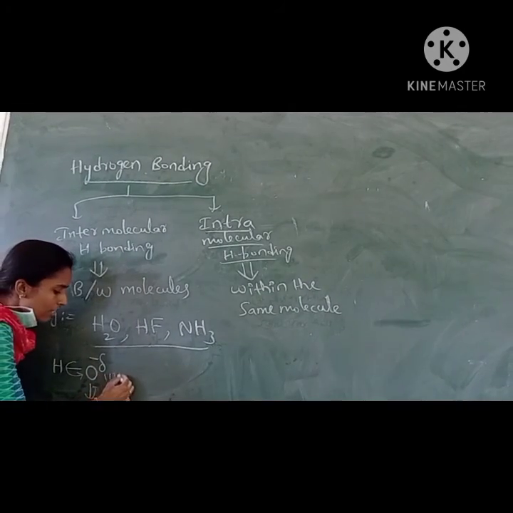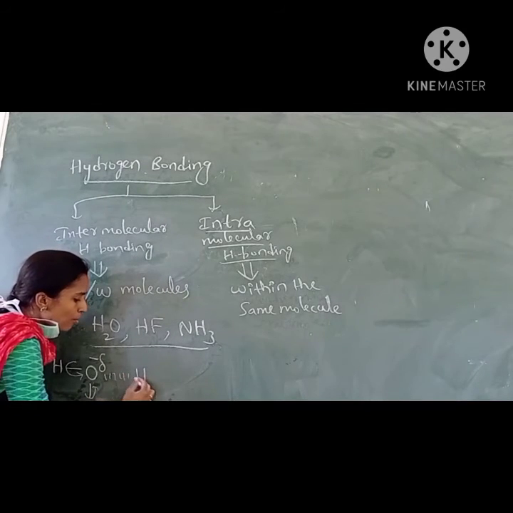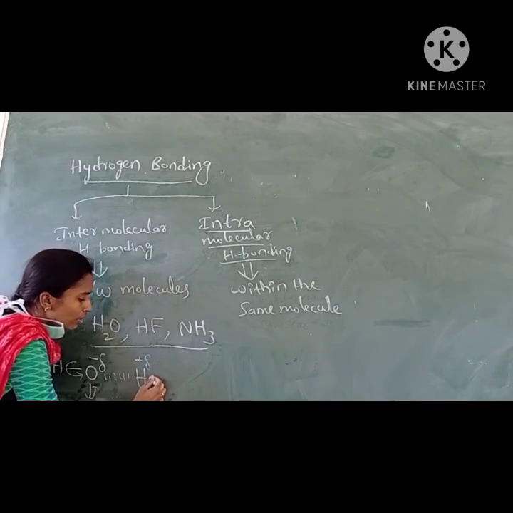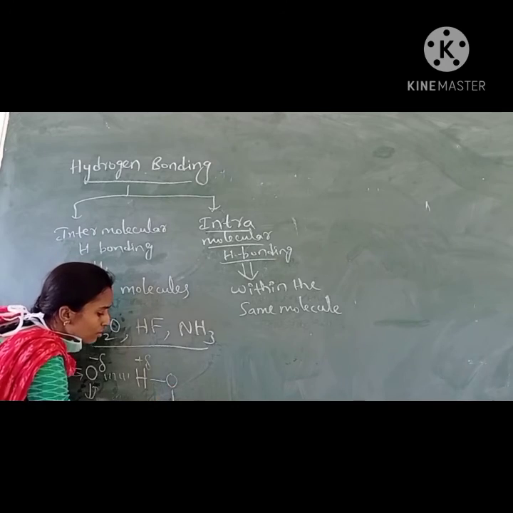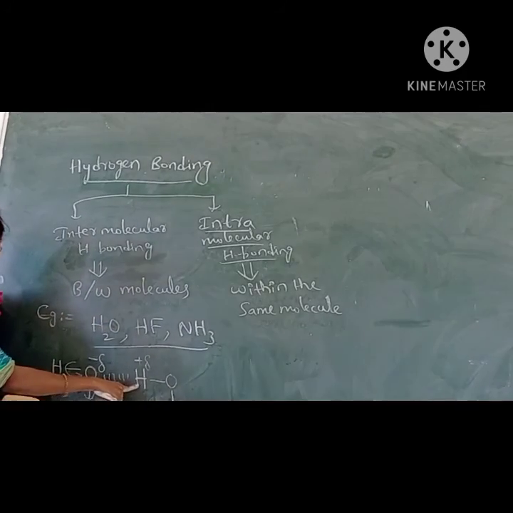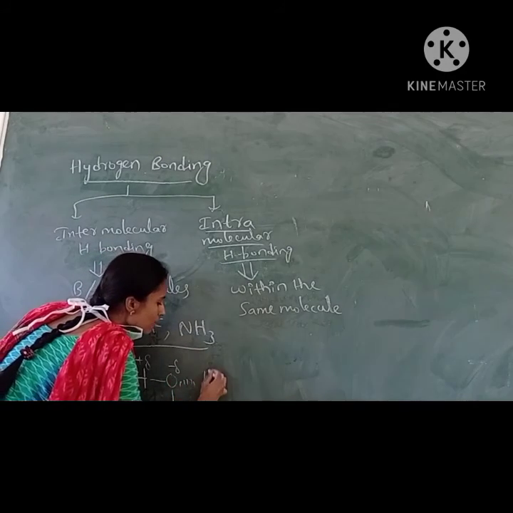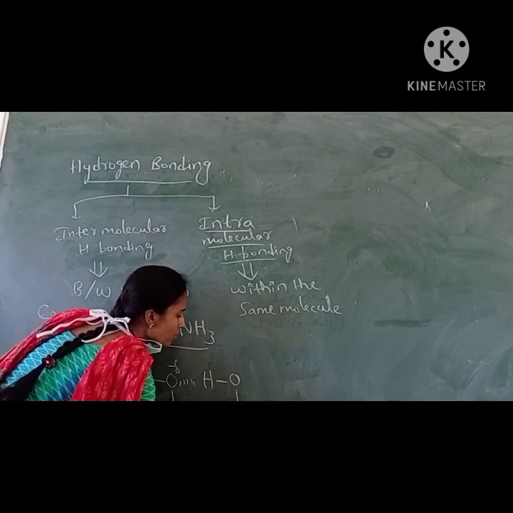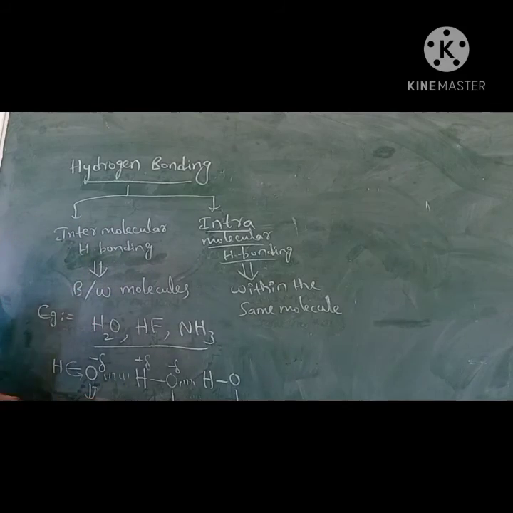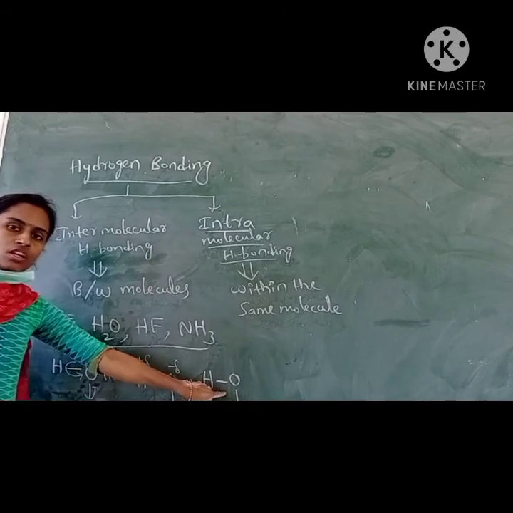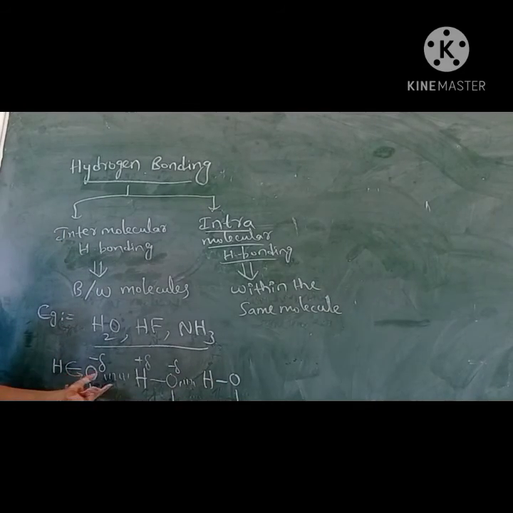It attracts the positive end of another water molecule, and this negative end again attracts the positive end of yet another water molecule. So this formation takes place between different molecules of the same substance.